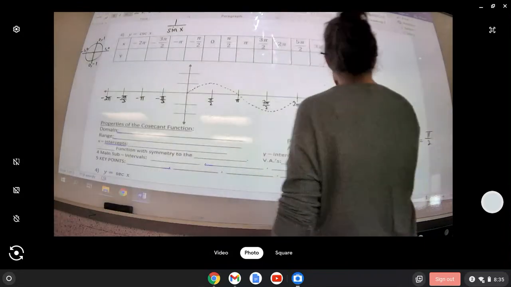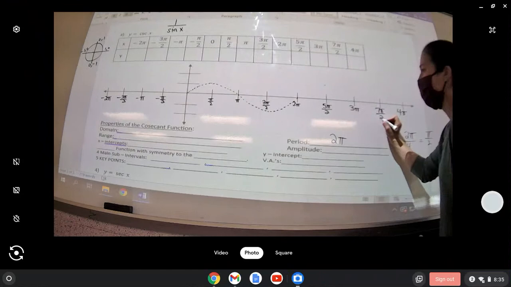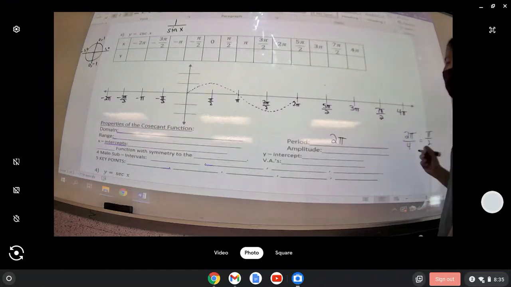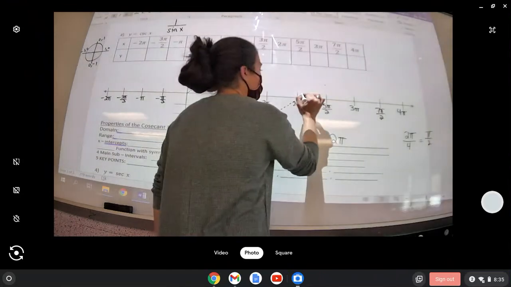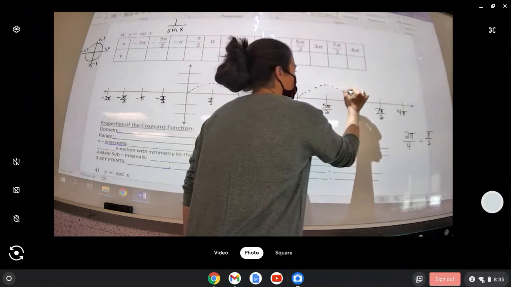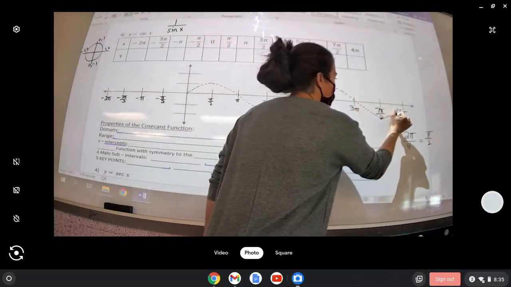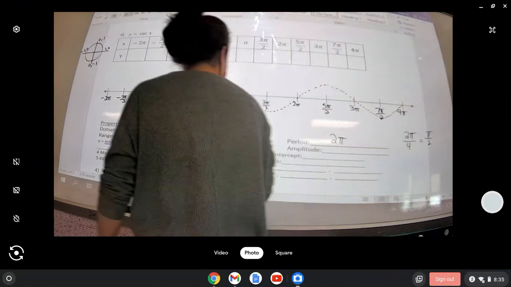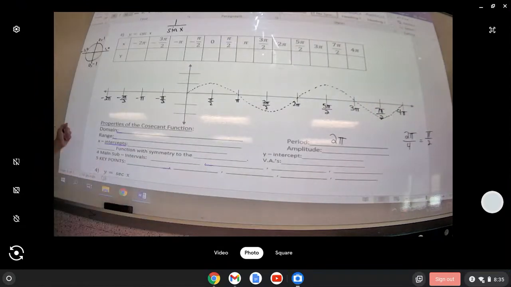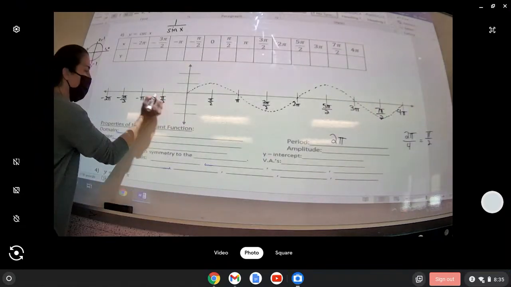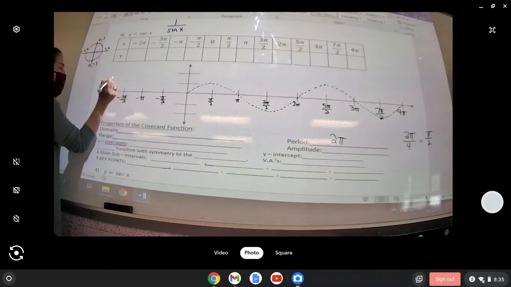Then it went to 1, then it went to 0, then it went to negative 1, and then it was back at 0. So there's another cycle. And if we worked backwards, it went to negative 1, and then 0, and then 1, and then we were back at 0.